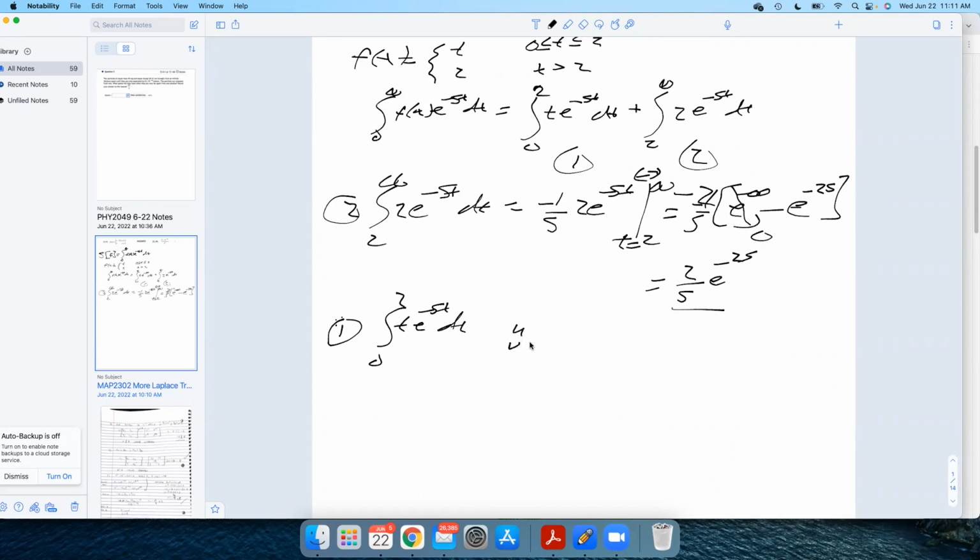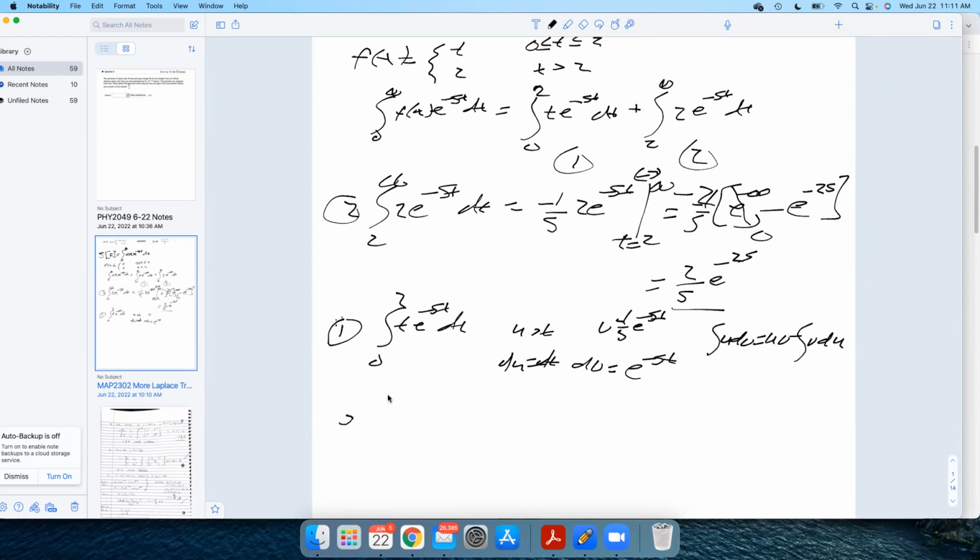So I'm going to have my u and my du, my dv and my v. u is going to be t, du is going to be dt, dv is e to the negative st, and v will be -1 over s e to the negative st. Then just to remind you, the antiderivative of u dv is uv minus the integral of v du.